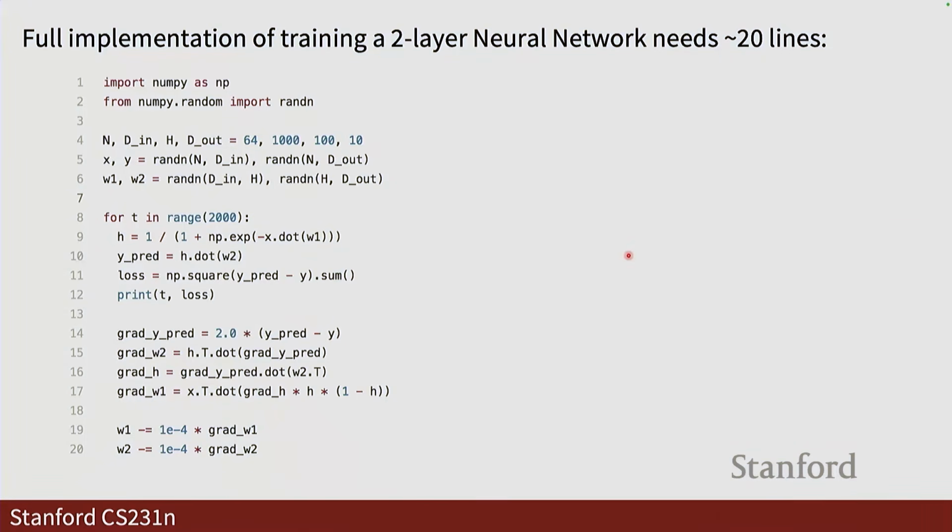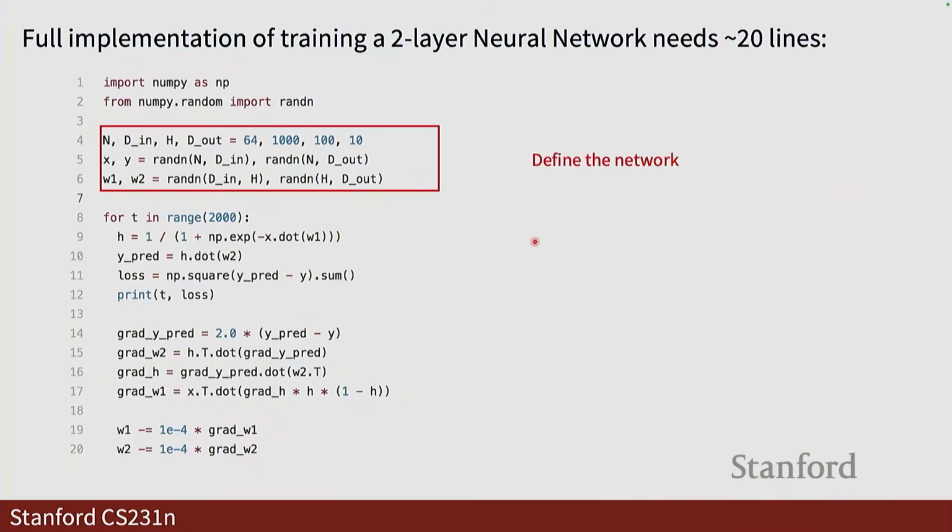Building a two-layer neural network in Python is just 20 lines of code or less. We define our network with the dimensionalities I talked about: N is the number of samples, d_in is the dimensionality of the input, d_out is the dimensionality of the output, and H is the number of neurons in the hidden layer.